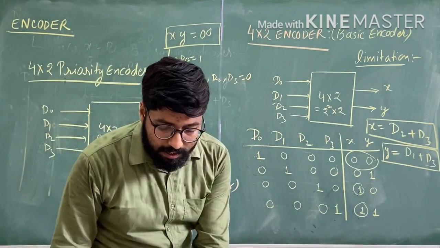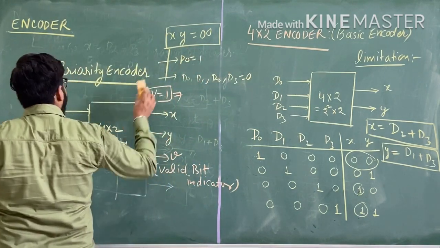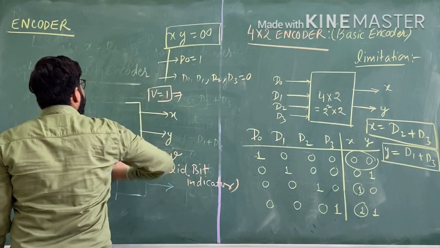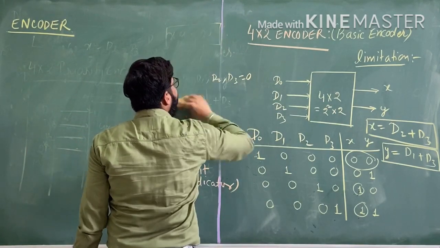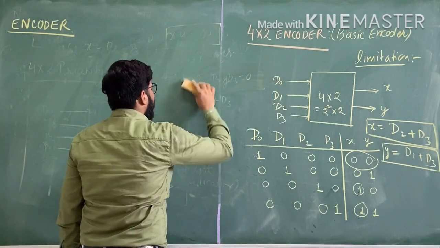Now we will see another topic, that is demux. So now we will see what is a demux. Demux is a demultiplexer. A demultiplexer is the reverse of a multiplexer.